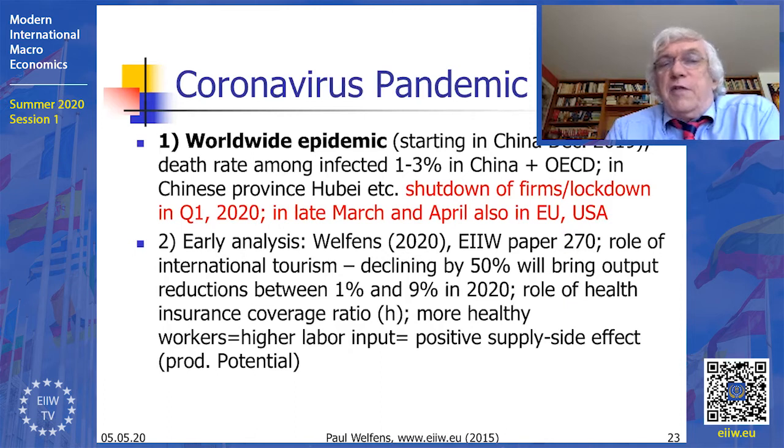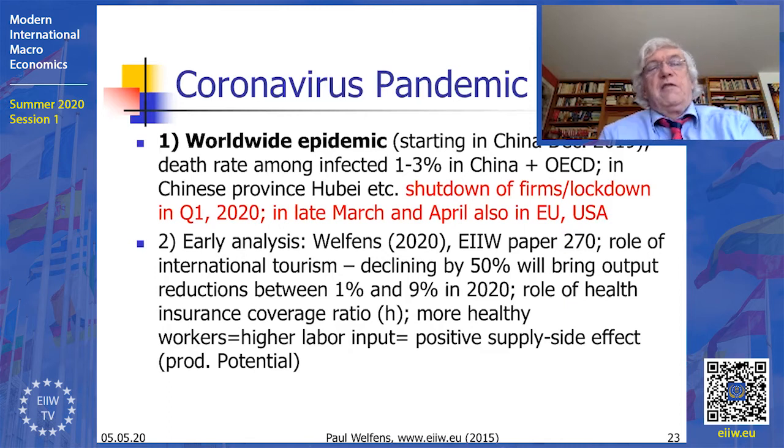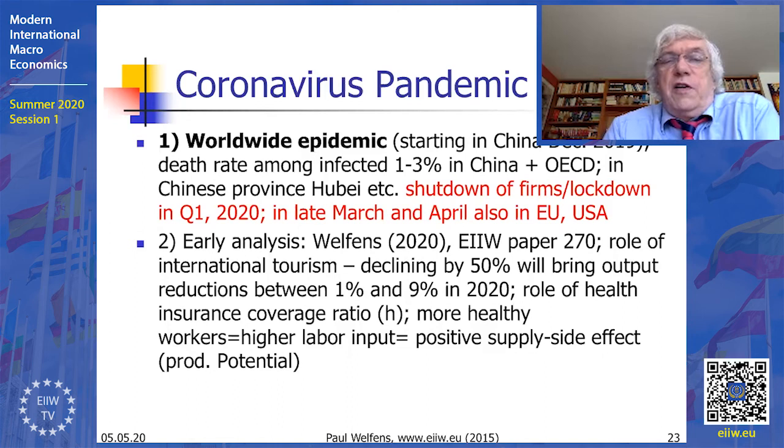In the Chinese province Hubei and also some neighboring provinces, already in January and February, there was a shutdown of firms. There was a lockdown in the first quarter. And through this kind of quarantine policy, they brought the virus under control.